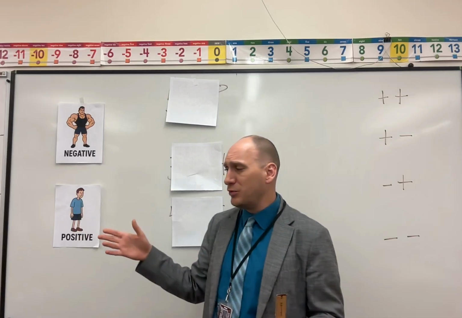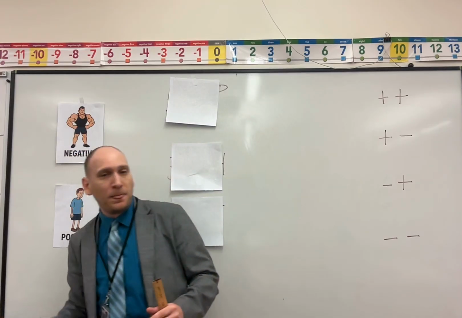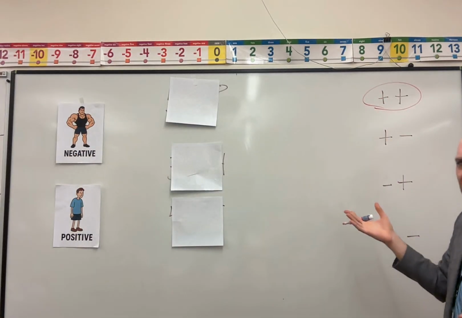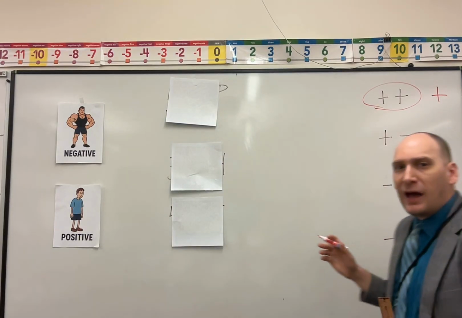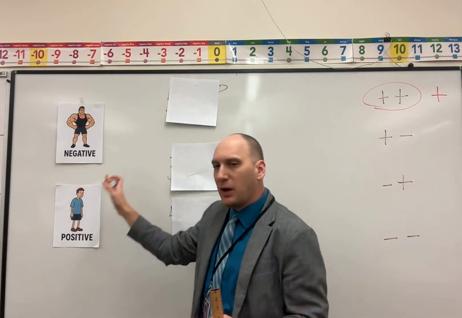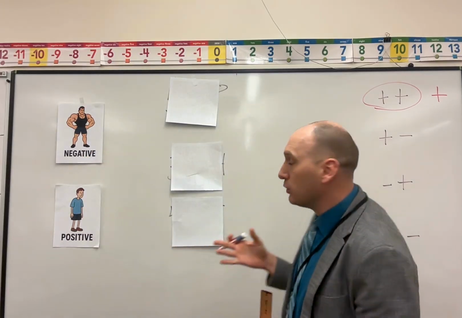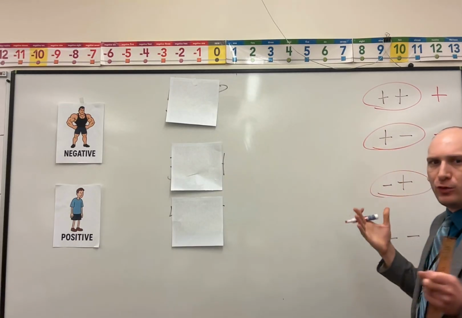Now obviously if we had a Mr. Arrett versus another Mr. Arrett while we're boxing, they would just stay as a positive. However, if we had a positive and a negative boxing, the negative would clearly win. And that would be true either direction.